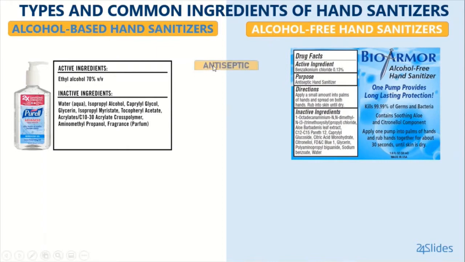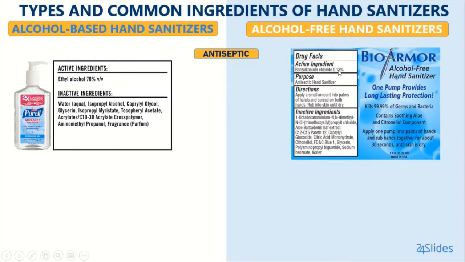First, both have antiseptic effect. This is contributed by the active ingredient in both formulations. As you can see, there is 70% ethyl alcohol in the alcohol-based formulation. This fulfills the requirement from WHO to have a formulation with at least 60 to 95% alcohol.